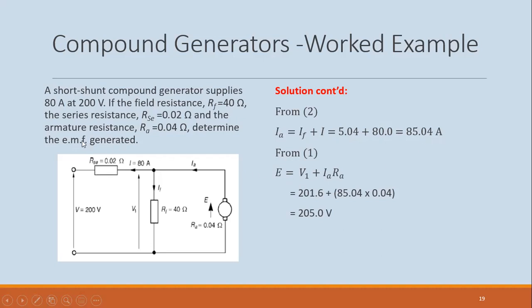And we're supposed to be determining the generated EMF, so that would be V1 plus the voltage drop across the armature, V1 plus IA RA, and that's 201.6 plus 85.04 times 0.04. So the generated EMF is 205 volts. All right, so this one is a little bit more involved, but if you work step by step, you will come to the solution.